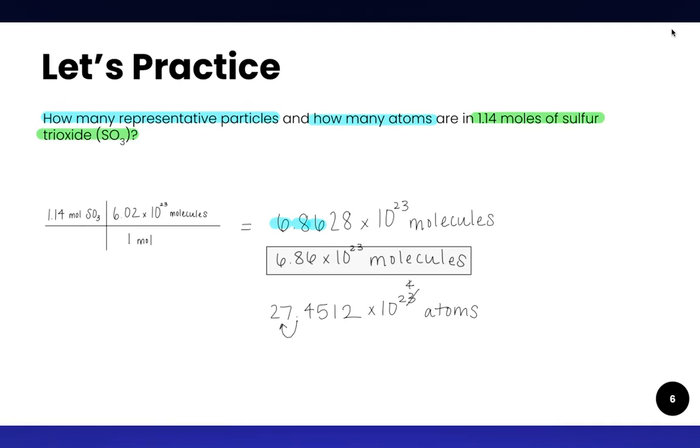And then I can only have 3 significant figures. So 1, 2, 3. What does 5 do to 4? It actually increases it. So my final answer is 2.75 times 10 to the 24th atoms. So there you go. That's our first calculation using Avogadro's number.